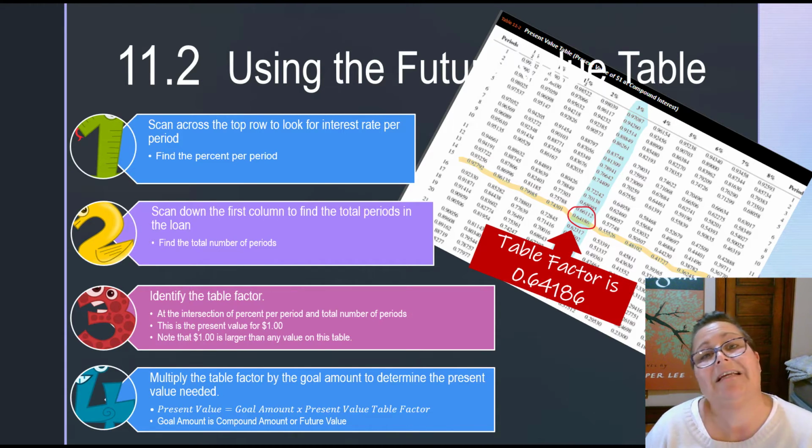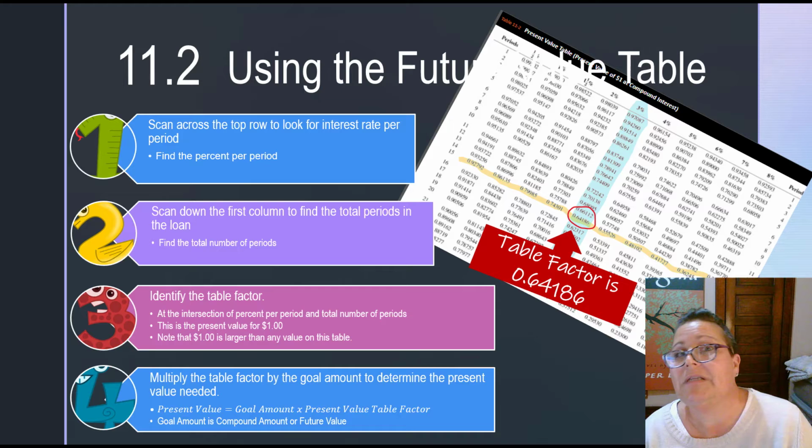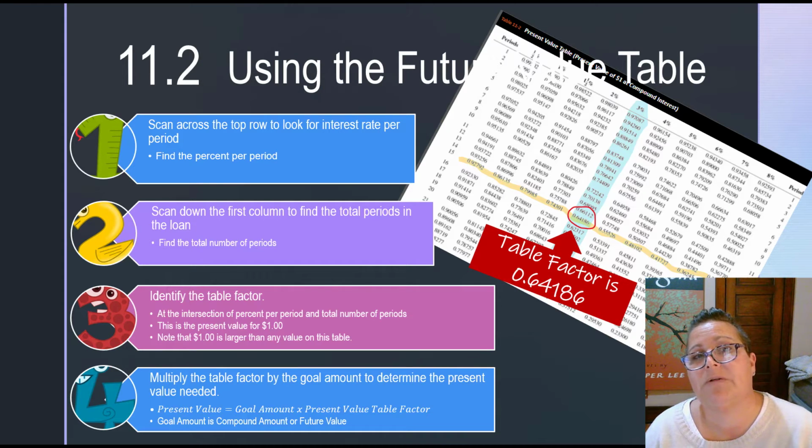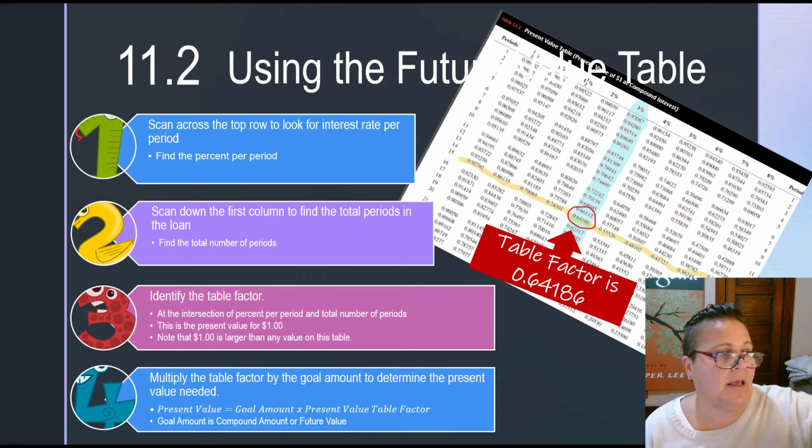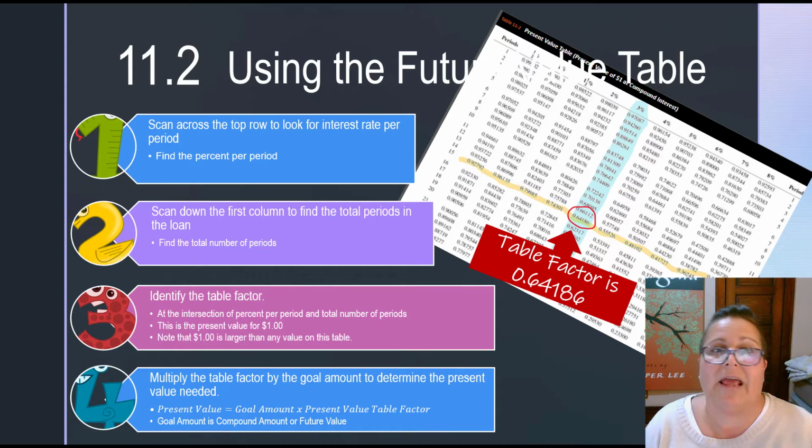Notice that that number is less than 1, because if I want to have a specific amount of money at 3% interest for the next 15 periods, whatever those may be, I will need to have 64% of the money to put away today, and then I can set it aside and forget it.